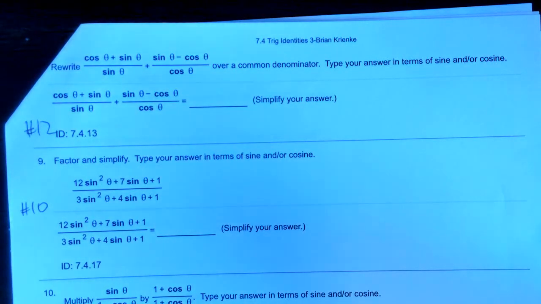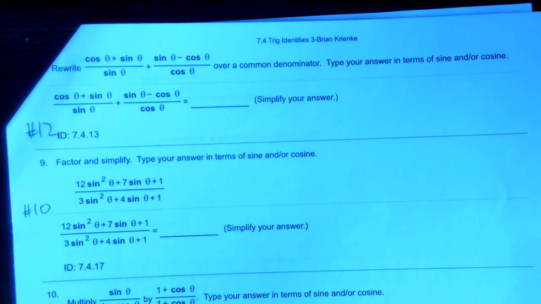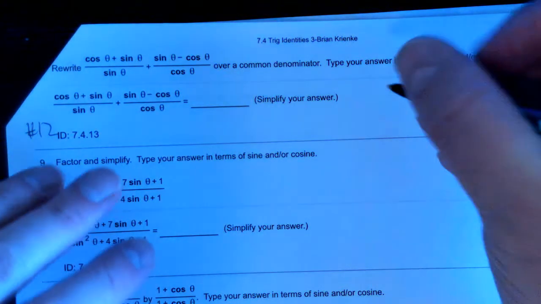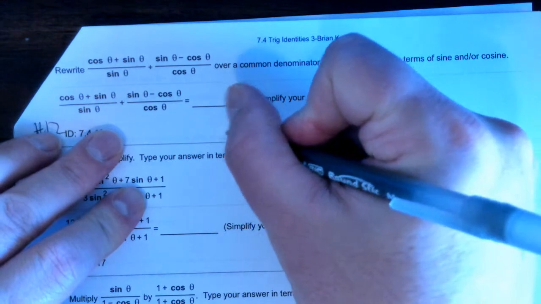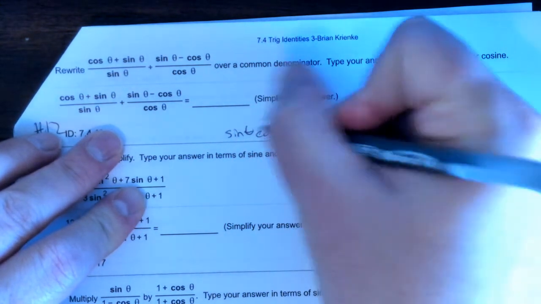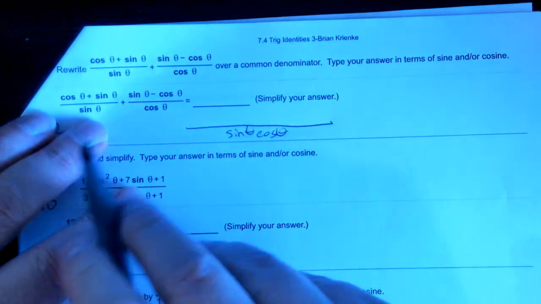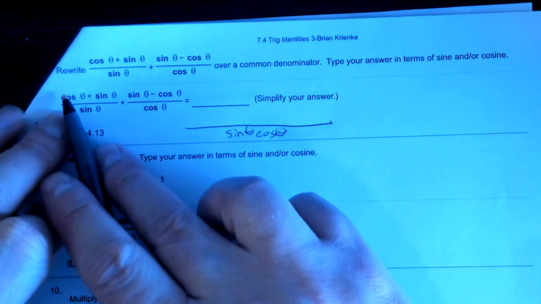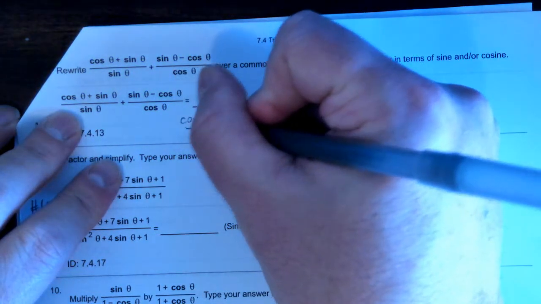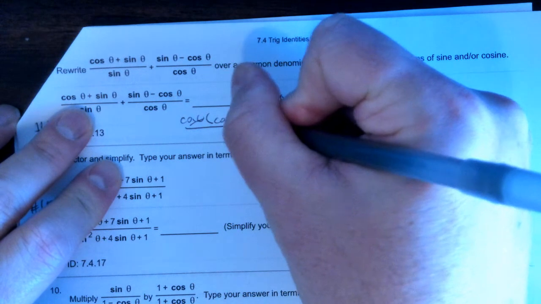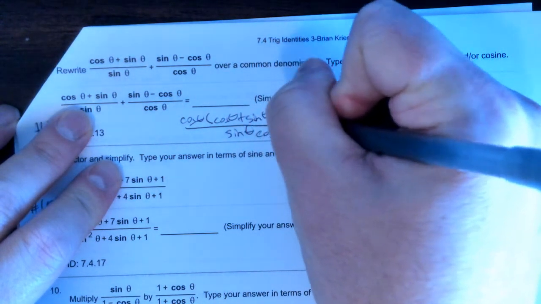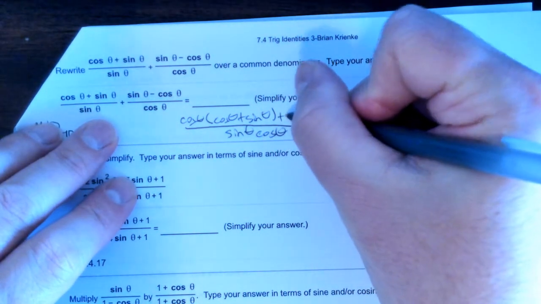On this one, they want you to get a common denominator. And so this top needs cosine. And the bottom needs sine.